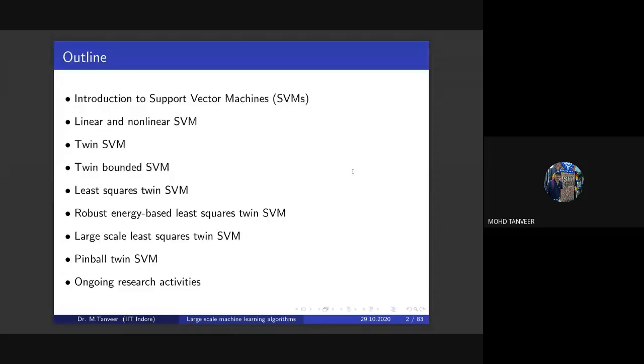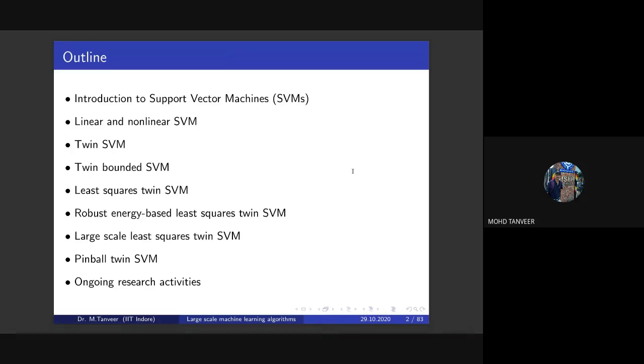How to develop a model for large scale data, big data. What are the issues in the baseline models, and how can we improve those models? This overall talk will be based on the basics and advanced models.